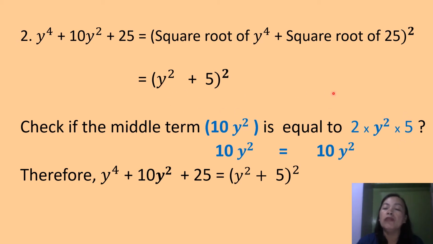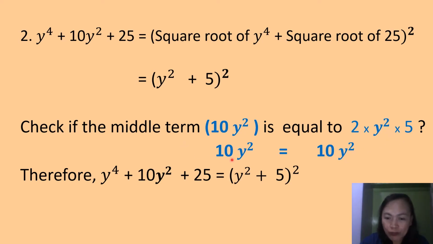Just write it down there so you can check. Get their product and then you multiply by 2. So, 10y squared is equal to 2 times y squared times 5, which is 10y squared.